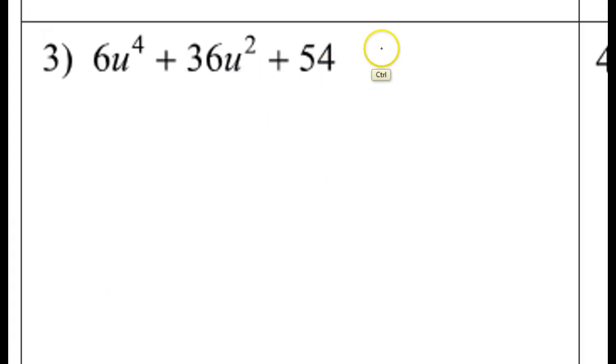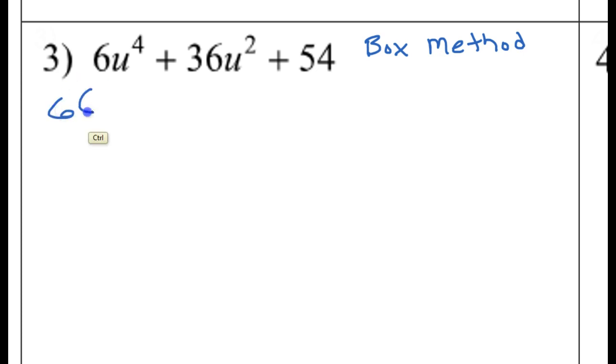Okay, so for problem number 3, we're going to go back to the box method. The first step on any problem is to look for the common factor, if there is one. All of these are divisible by 6. So that's going to be the GCF of this problem.